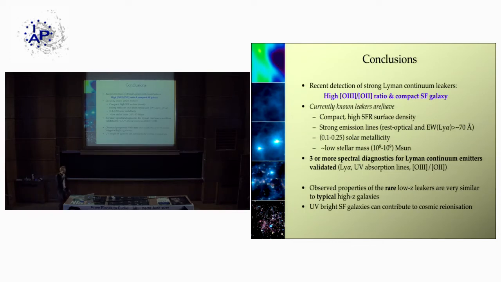Sorry, Daniel, you didn't convince me on the last point. You say that the galaxies you study at low redshift have similar properties as those like Ion2 or the one at redshift 6 point something, but those are not the average galaxies at the epoch of reionization, because the bulk of galaxies at the epoch of reionization is way fainter than these ones.